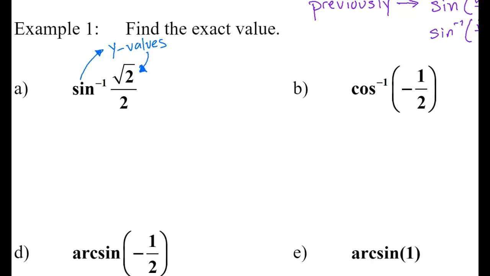There should be two angles that match this. Yes, there are two. Now you don't have to sketch it, but it might be good to relate to. We have pi over 4, which has a y value of square root of 2 over 2. We also have 3 pi over 4.